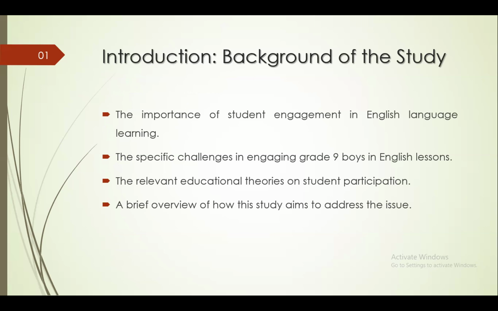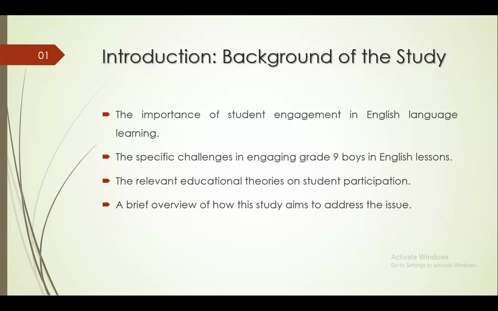However, in my class, maintaining high levels of engagement can be challenging, especially among grade 9 boys. Many factors contribute to this issue. Some students may find English difficult or uninteresting, while others may feel shy or lack confidence in expressing themselves. Social influences, including peer pressure and fear of making mistakes, can also discourage boys from actively engaging in English lessons.